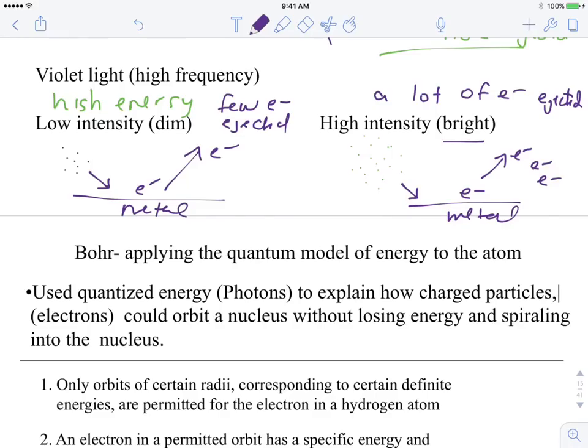Well, Bohr said it's because these electrons are in orbits, stable orbits. And the only way that they can move between orbits is when you add energy to them, when they absorb a photon of energy, and they use that energy to jump to higher levels.